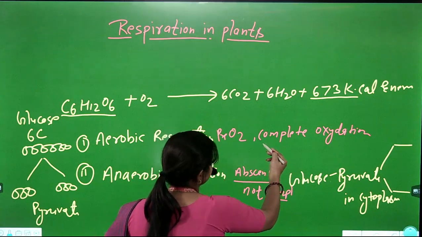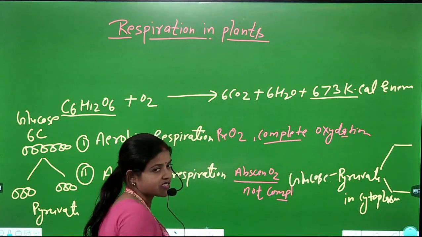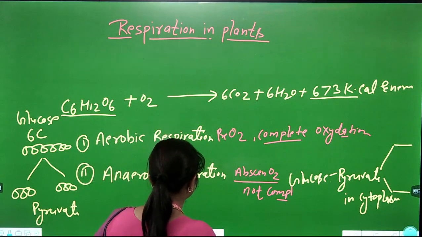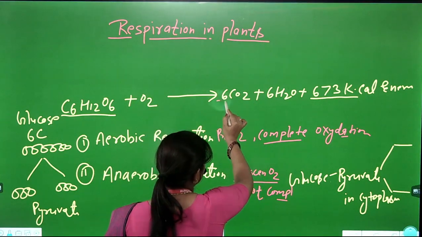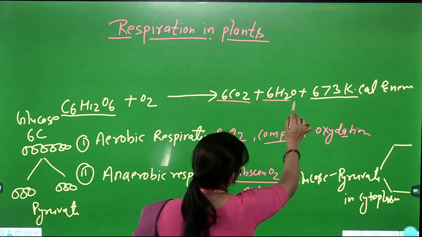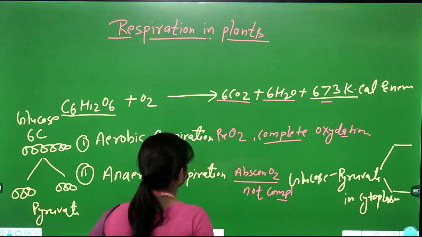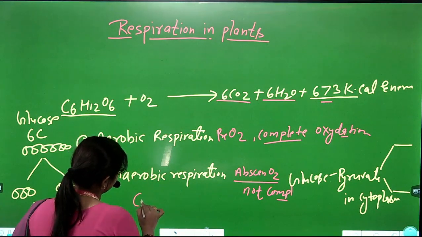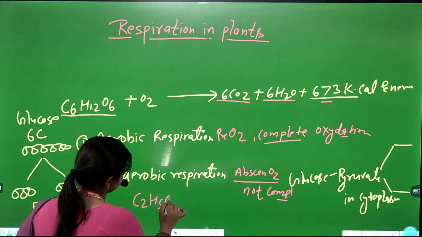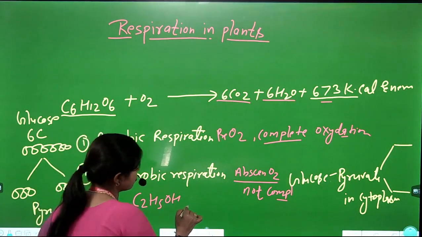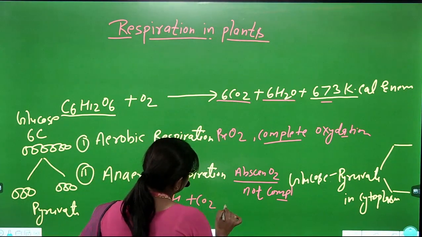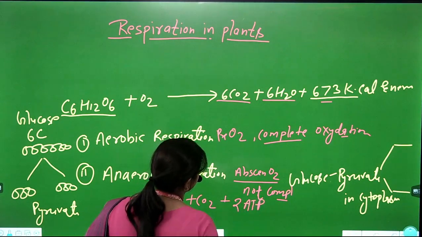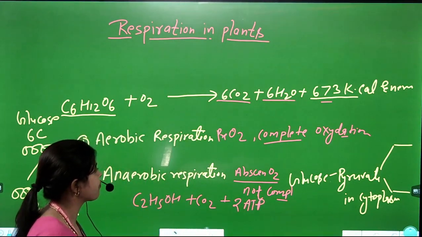In aerobic respiration, the products are carbon dioxide, water and energy, and in anaerobic respiration, ethyl alcohol C2H5OH, carbon dioxide and a small amount of energy, meaning 2 ATP, are formed.